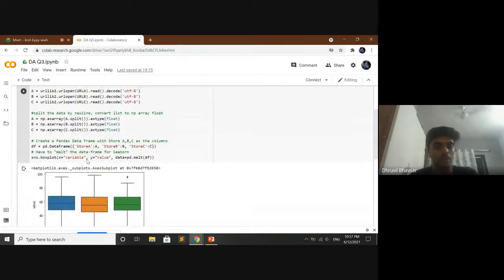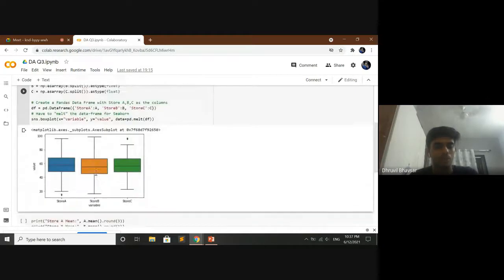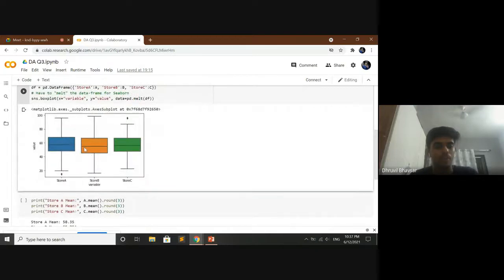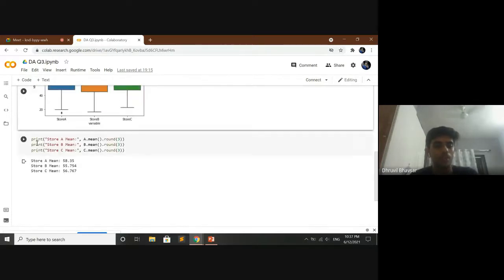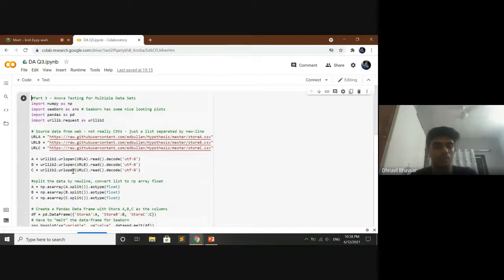We have obtained the Seaborn graphs of the three stores compared to each other, and in the next line we have obtained the mean of all three stores. The store A mean is 58.35, store B mean is 55.754, and store C is 56.767. So they are quite related to each other.